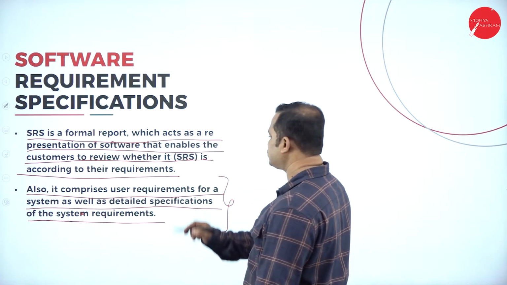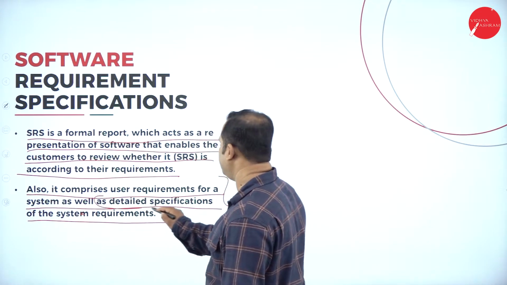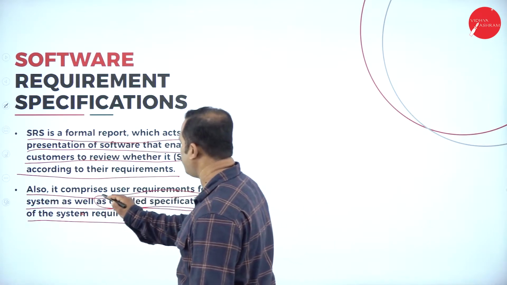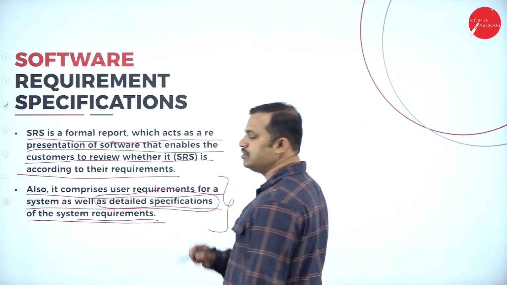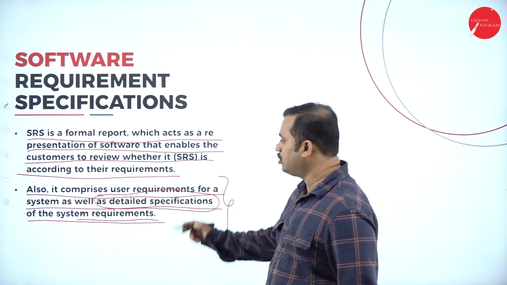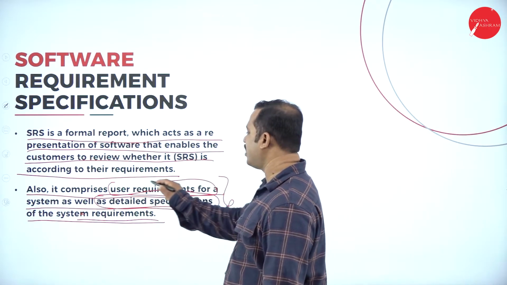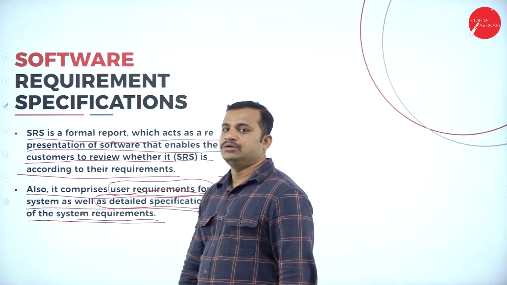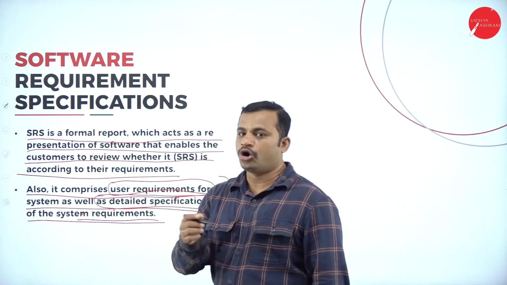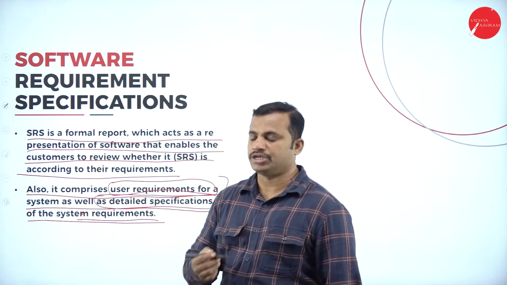It comprises of user requirements, which includes the detailed specifications of the system requirements. What the system must meet, all those detailed information along with the user requirements are considered together in a document called software requirement specification.